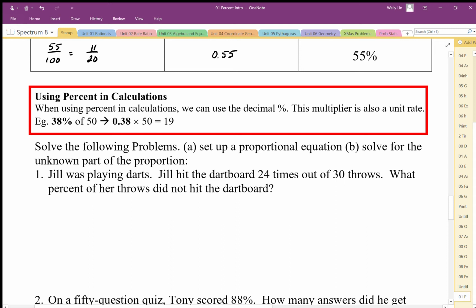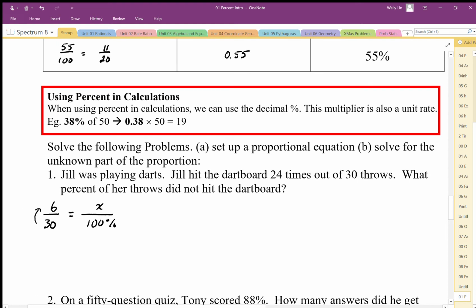So here's a problem. Jill's playing darts. She hits the dartboard 24 times out of 30. What percentage of her throws did not hit the dartboard? So she missed 6 times out of 30. And we want to know the percentage, so it's going to be some percentage that we're going to solve for out of 30. If I divide these two numbers, I'm going to get 0.2.